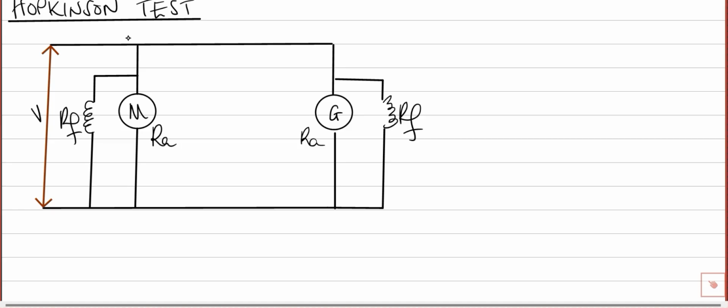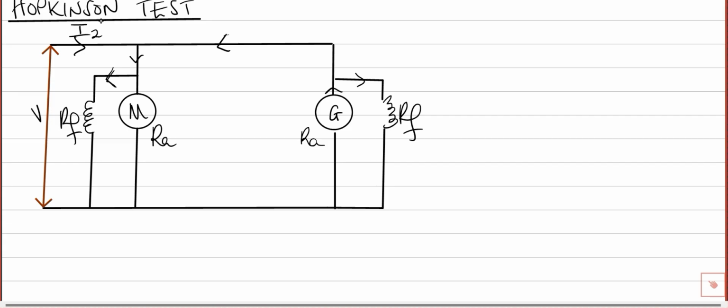Now, the actual calculation revolves around a couple of currents throughout the whole circuit. These arrows represent those currents. Starting here, we have our terminal voltage or supply voltage, and a current which comes from the supply voltage. This current is typically labeled I2.